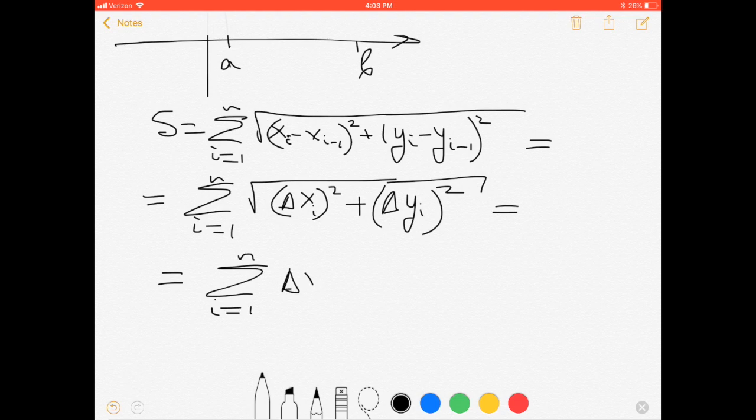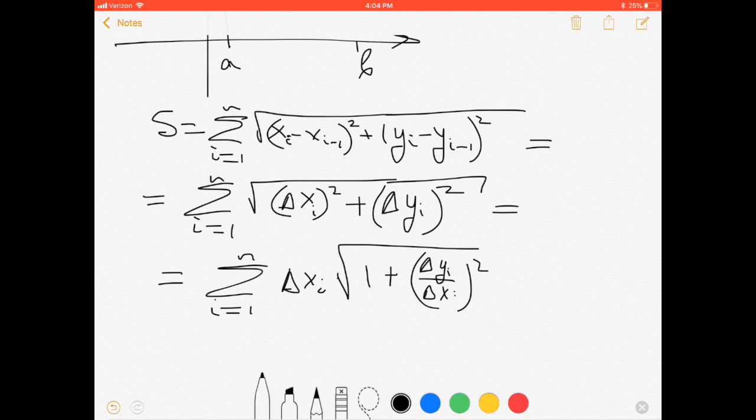If I take out delta x_i, it will be multiplied by the root of 1 plus (delta y_i divided by delta x_i) all squared.